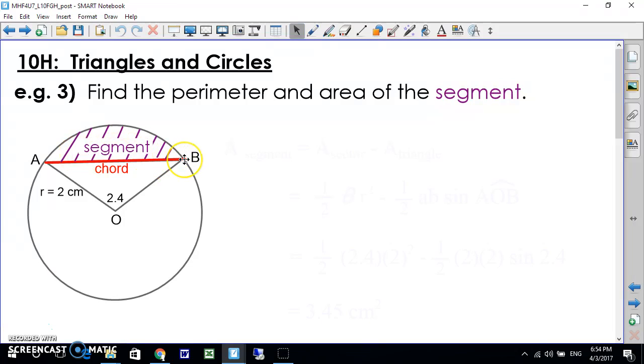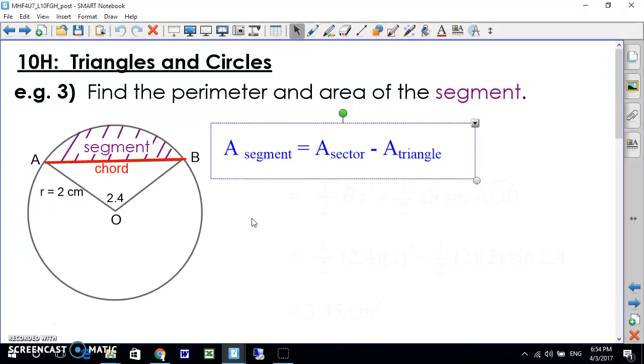Well, for the area of the segment, you can think of this as part of the area of the sector formed between O, A, and B. And once you can find the area of this sector, you have to subtract the area of the triangle, and this way you'll be able to calculate the area of the segment. So we do have formulas to calculate area of a sector and also area of a triangle if it's an SAS triangle.